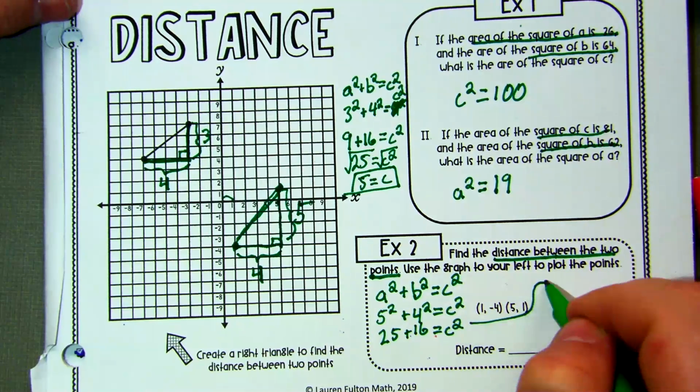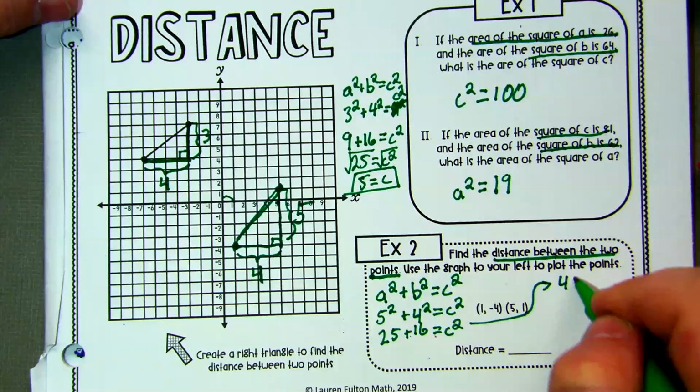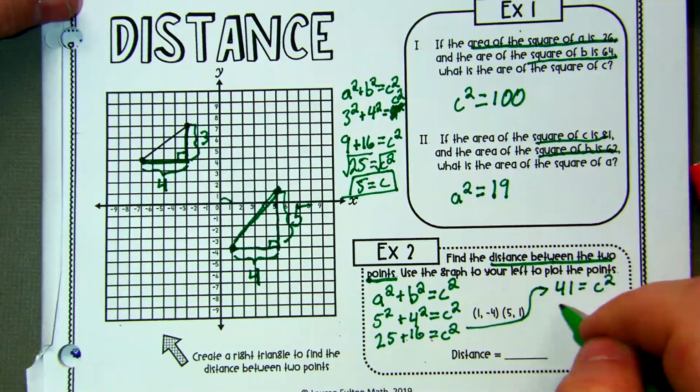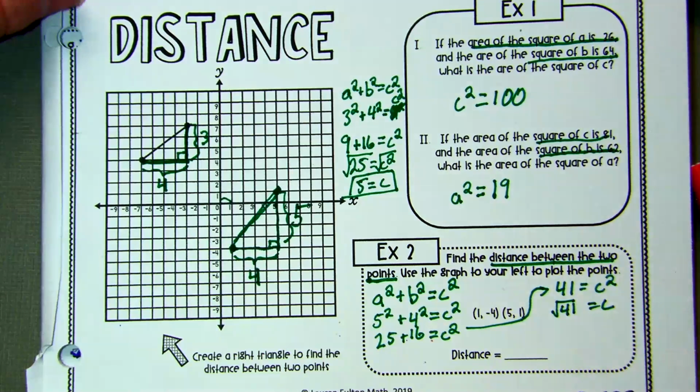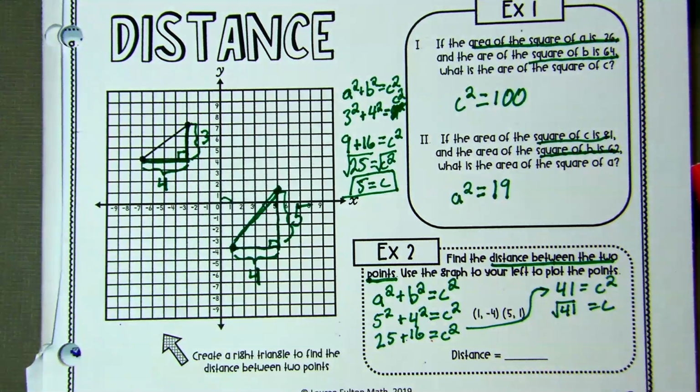I come over here. 41 equals c squared. Square root of 41 equals c. Can we simplify the square root of 41 any? Yes or no?